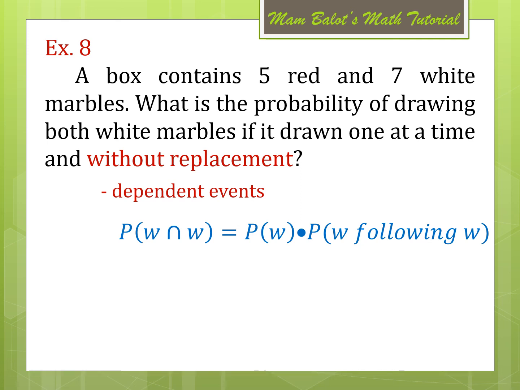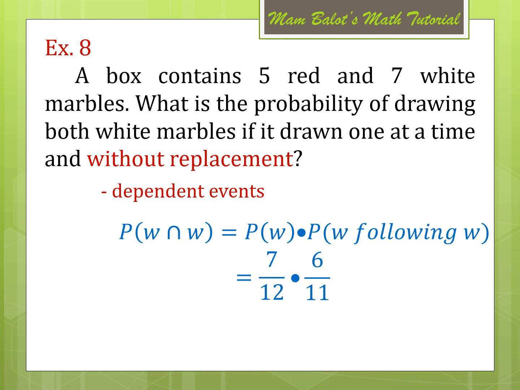The probability of getting a white here is 7 over 12, since we have 7 white marbles and 12 marbles in the box all in all, times the probability of getting a white following a white, which is 6 over 11, since we have 6 whites remaining because we already assumed that one white marble was drawn in the first draw, and then we have only 11 marbles left in the box since it is without replacement.